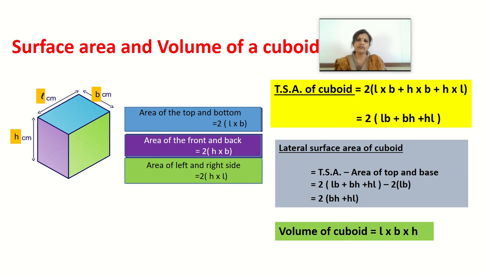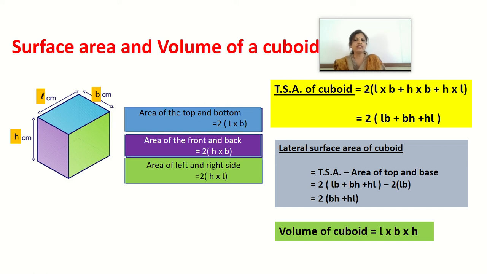The next solid figure is a cuboid. You can see the figure of the cuboid there on the screen. L is the length of the cuboid, B is the breadth, and H is the height. There are 6 faces again, and every face is rectangular in shape.